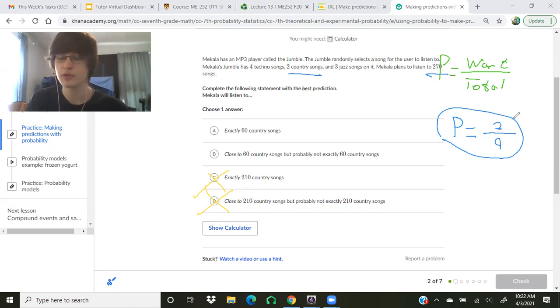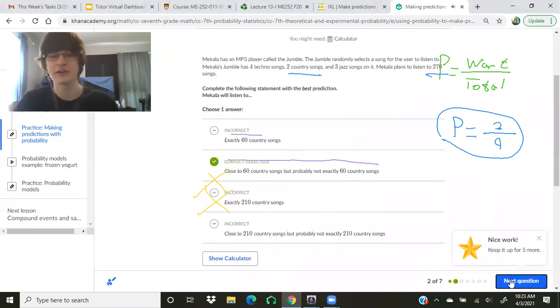That would be a probability fraction of something more akin to maybe 7 over 9, which leaves us with either exactly 60 or close to 60, but probably not exactly 60. Well, if we use the same logic we did last time with the coin, we would know that it's probably not going to be exactly 60. It'll be close, but not exact. So let's see if we're right. And we are.